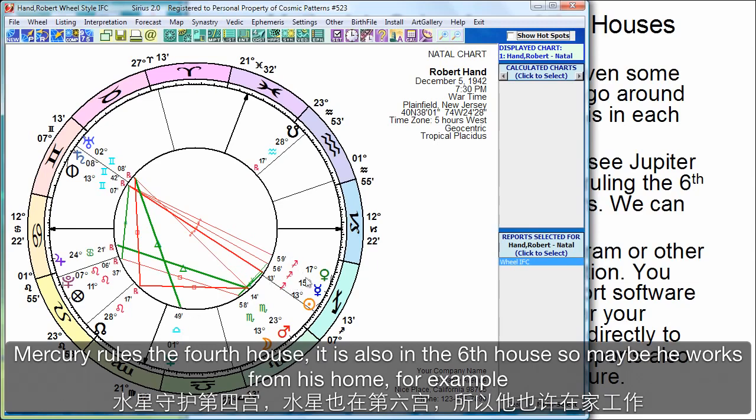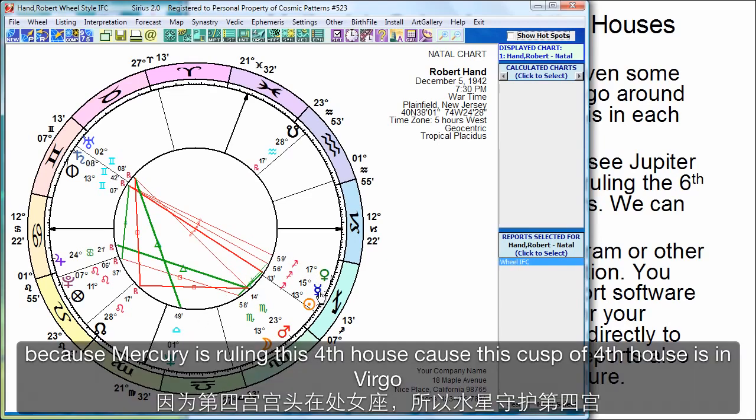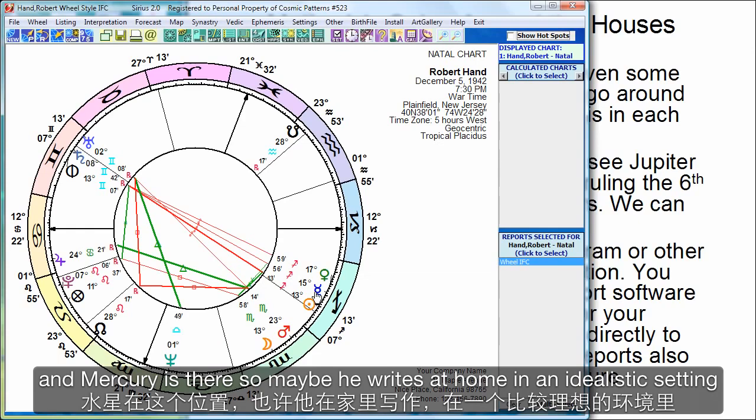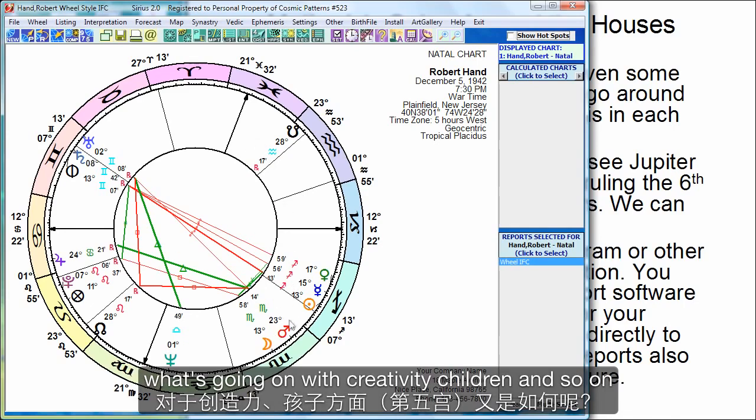So maybe he works from his home, for example, because Mercury is ruling this 4th house, because the cusp of the 4th house is in Virgo, and Mercury's there, so maybe he writes at home in an idealistic setting. So, you can go around and interpret each house, what's going on with creativity, children, and so on.